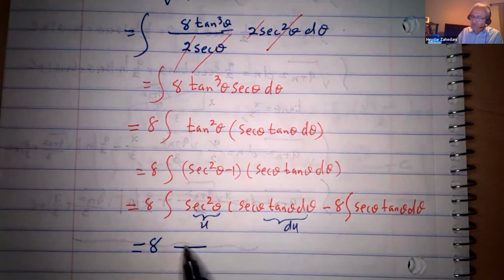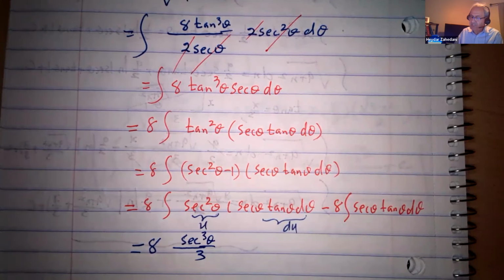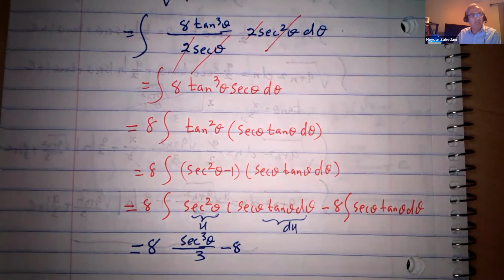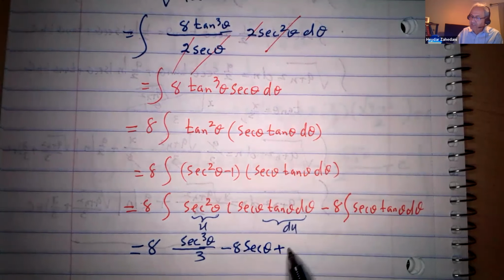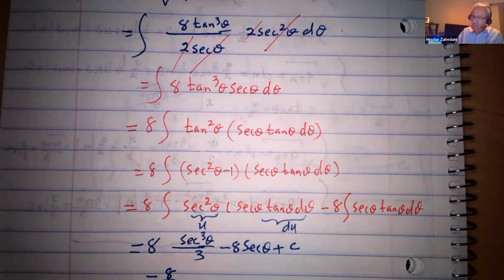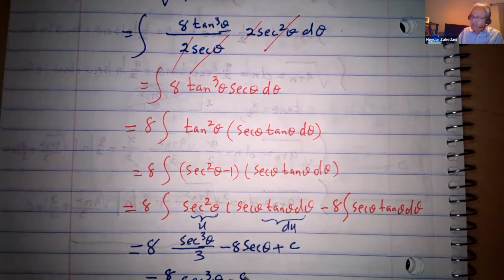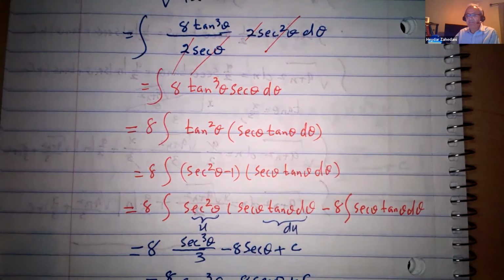That gives you u cubed, secant cubed of theta divided by 3. And this would be minus 8, and this is simply the derivative of a secant, secant of theta, plus the constant. So the final answer for your integral is 8/3 of the secant cubed of theta minus 8 secant of theta plus the constant.